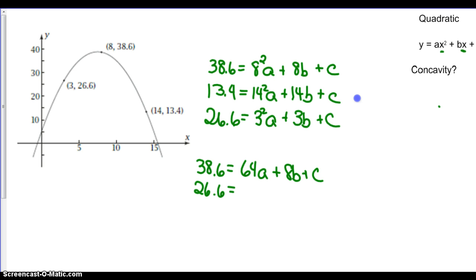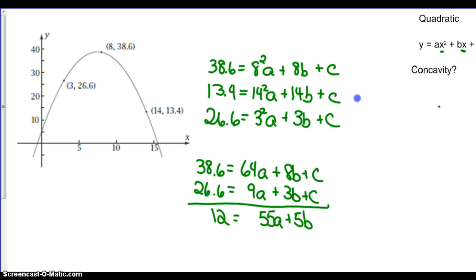26.6 equals 9a plus 3b plus c. When I subtract those, I end up with 12 equals 55a plus 5b.